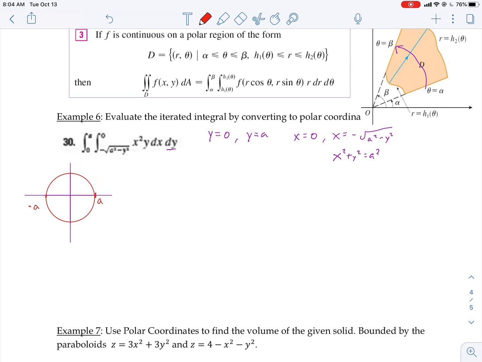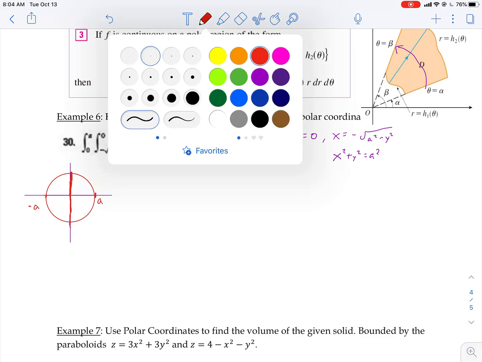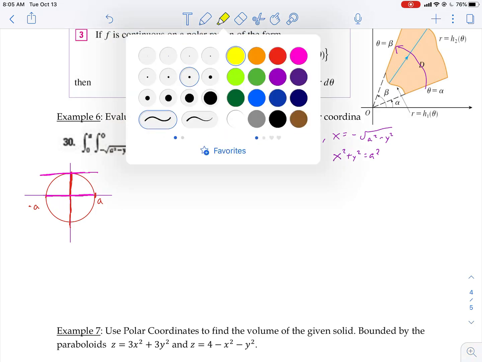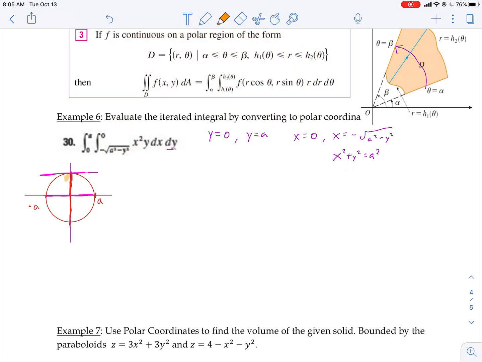And we're told that x equals 0, so it gives me this line too. x equals 0. Then we have y equals 0, and y equals a. So this is the region that we're working with.